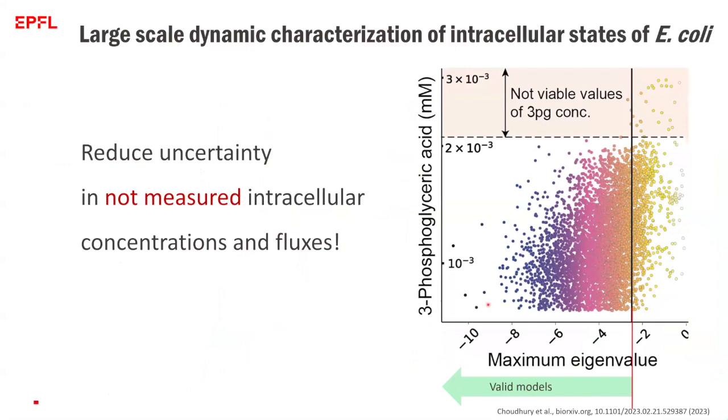But it turned out that for 3-phosphoglyceric acid, for all values that are higher than 10 to the minus 3 micromoles, you cannot get good dynamics. So it is very likely that this intracellular concentration is somewhere in this range.